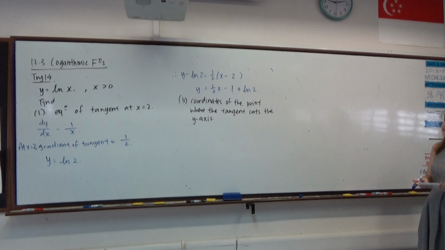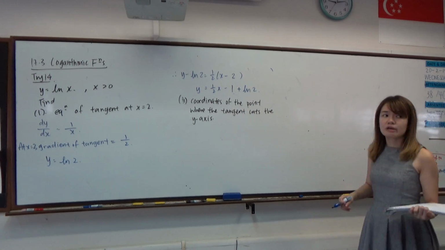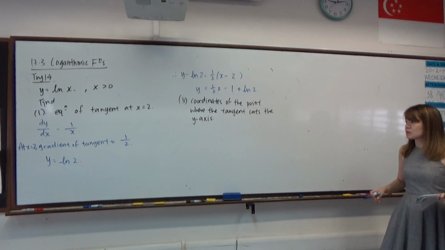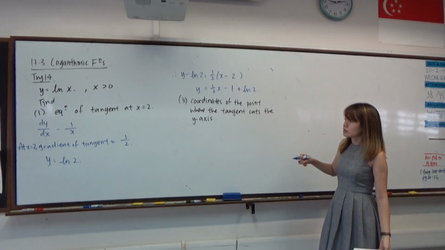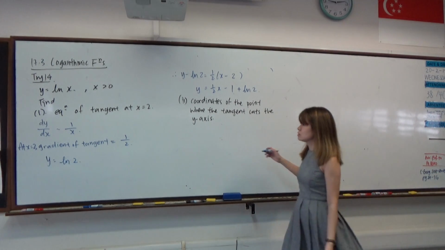Part 2, we want to find the coordinates of the point where the tangent cuts the y-axis. So what do we have to do? We will just substitute in x equals 0, right?